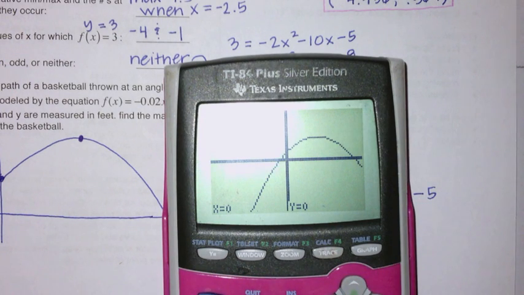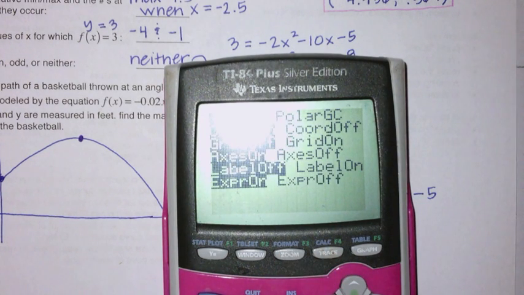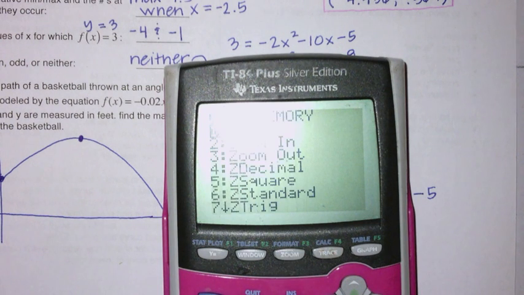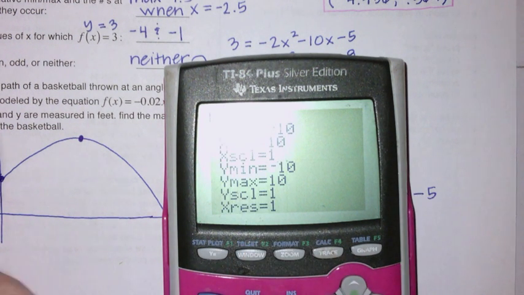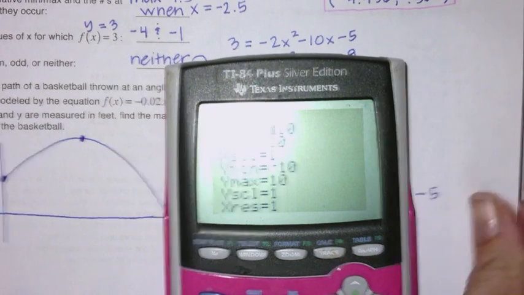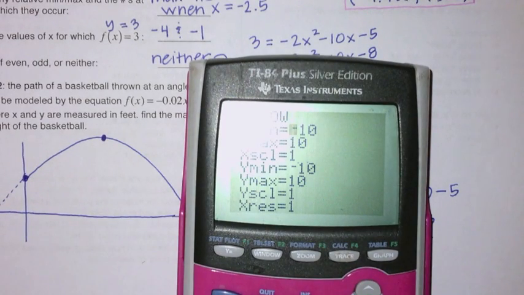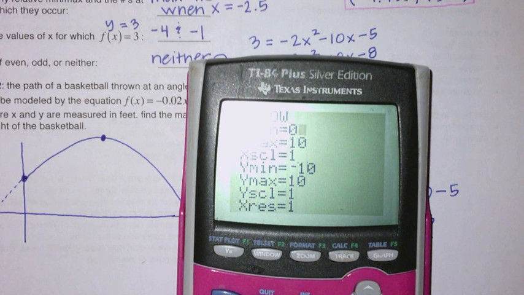The other option, should I still be in the standard mode, is to think about it and figure out my own window. I know the basketball is not going to go negative, so the x's are going to start at 0. It's probably going to go pretty far, so maybe I'll guess 50 feet away and scale by 5s.